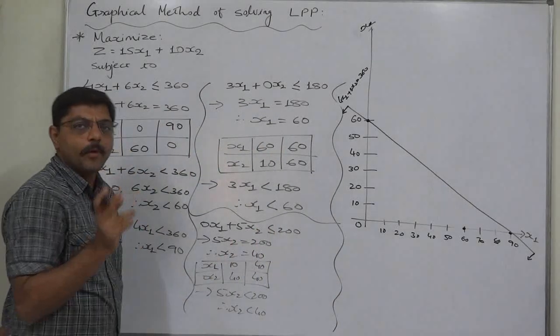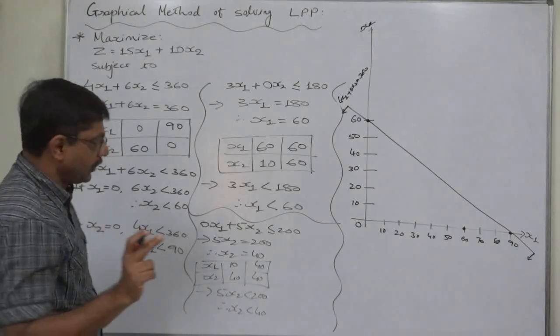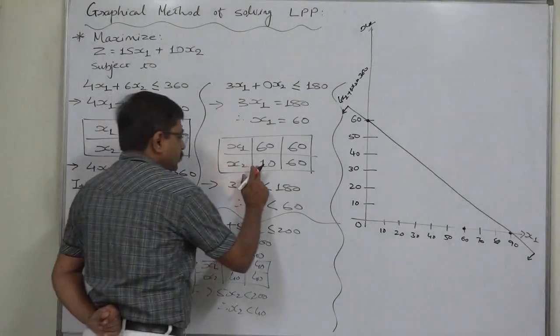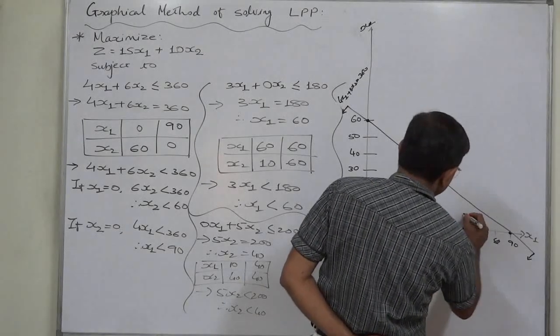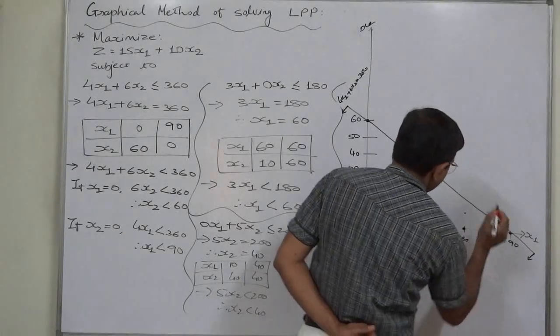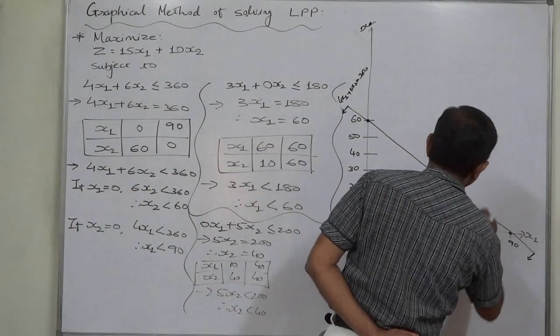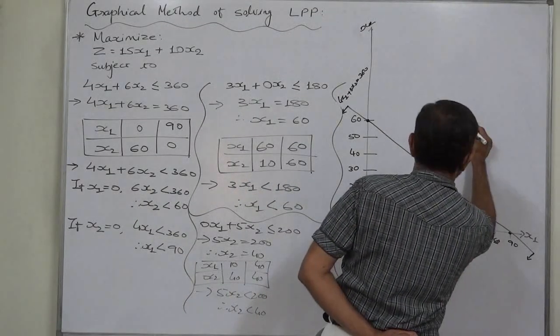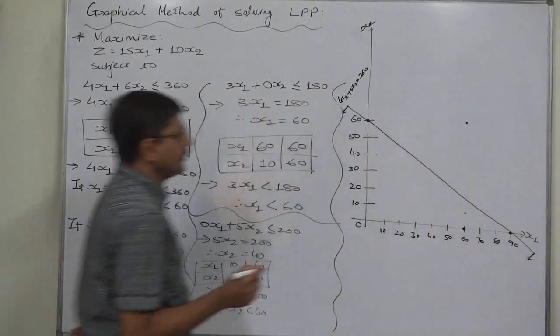We have only one point, and to draw a line we must have at least 2 points. x2 10 and 60, you can think in this way also, and x2 60, it is also 60, almost here. You can determine this point accurately on graph paper.